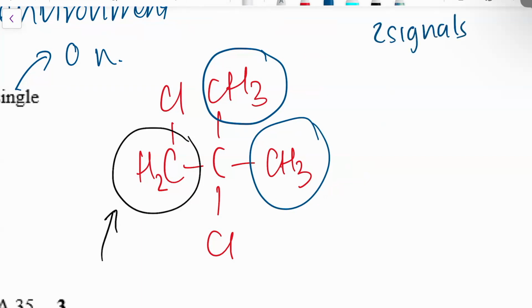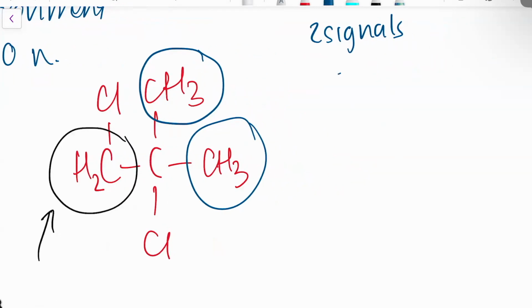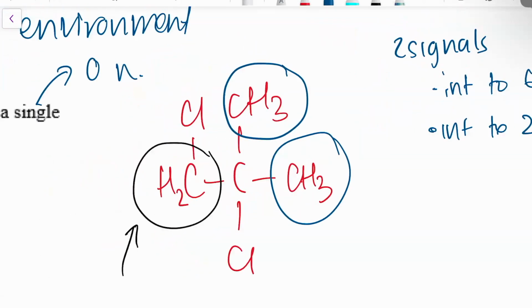One is integrated to two CH3s, and the other one is integrated to two because it's a CH2. Let's start off with the one integrated to 6.